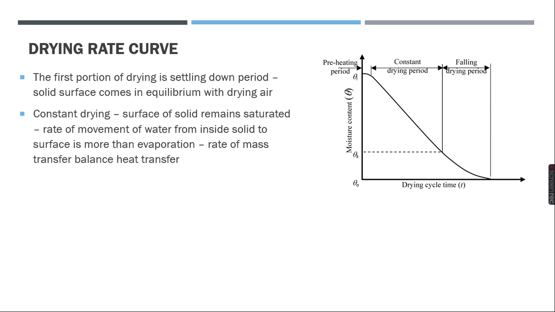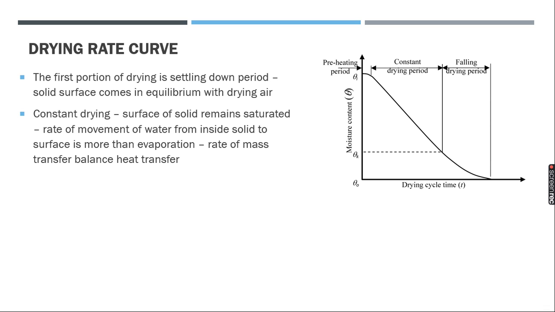The constant rate drying means that from inside the particle, water is coming out to the surface, and from the surface water is getting evaporated. If the rate of water transfer from core to surface is higher, then there will be no shortage of water.